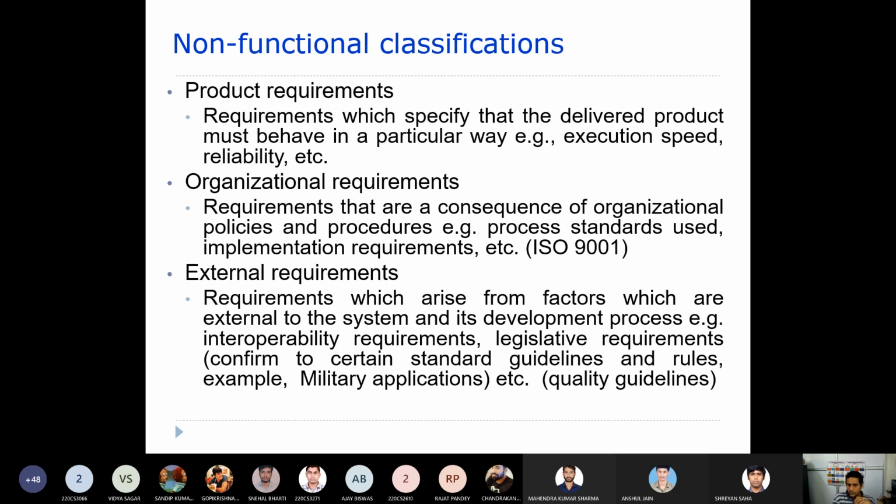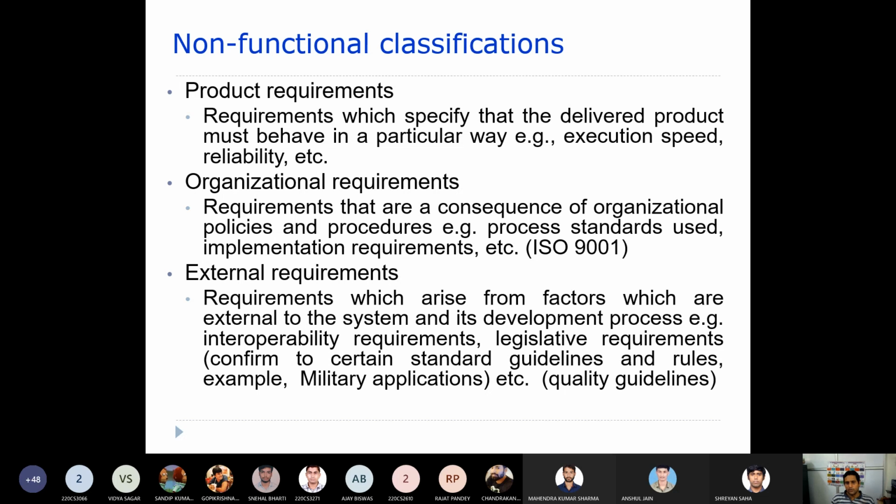To understand this sort of thing, I can give you another example, but before that, after this I will come to the external requirements. These are requirements which arise from factors external to the system and its development process.